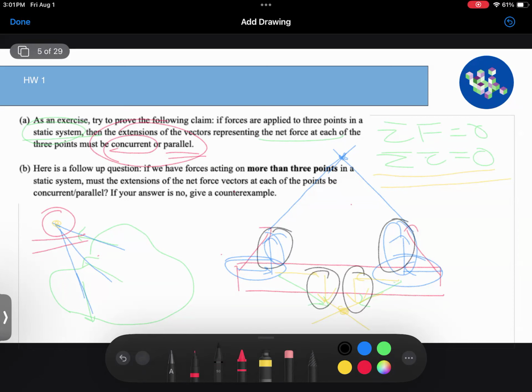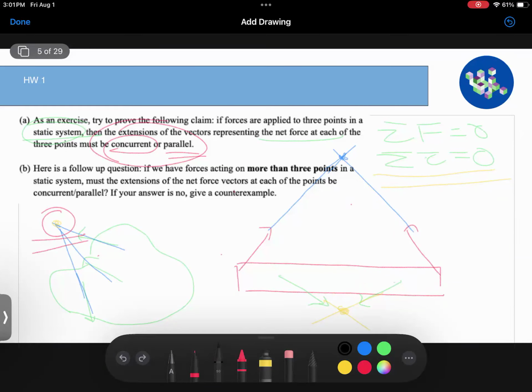So in other words, let me undo everything so you can see the counter example better. In this case, we have four forces. We have force balance. We also have torque balance, but the extensions of the net force vectors are not concurrent.